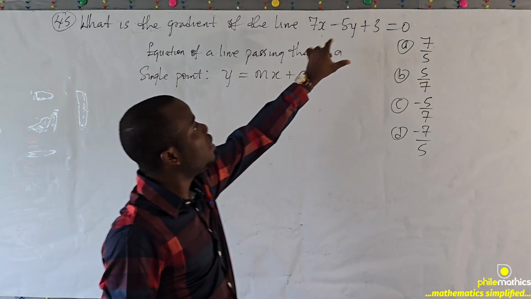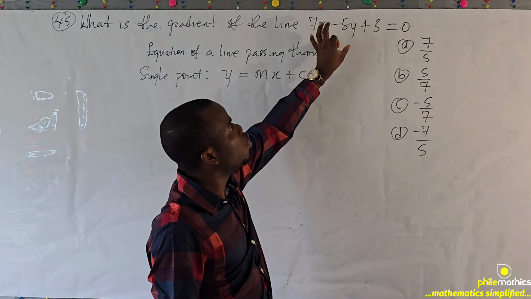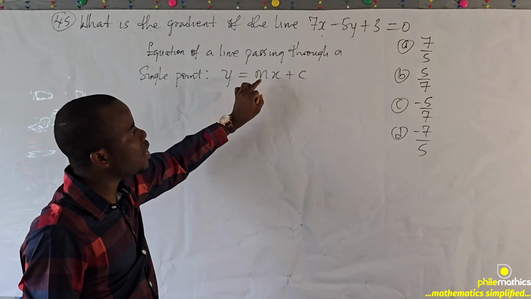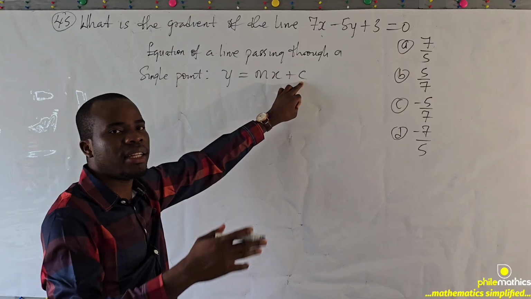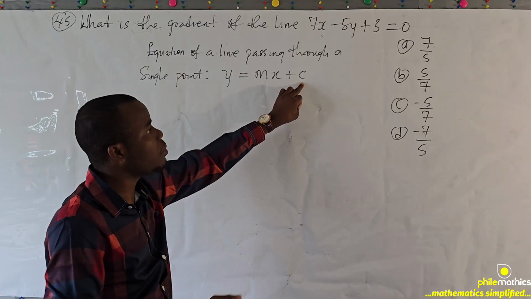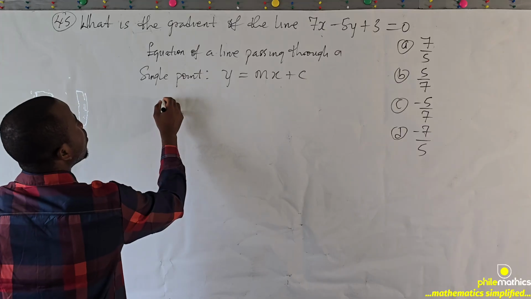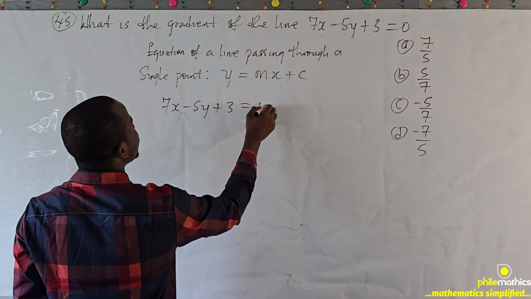And now we are given the equation to be this. What we simply do is to rewrite this in this format and find what m is. M is the gradient, c is the y-intercept. So if we rearrange, we have 7x minus 5y plus 3 equals 0.